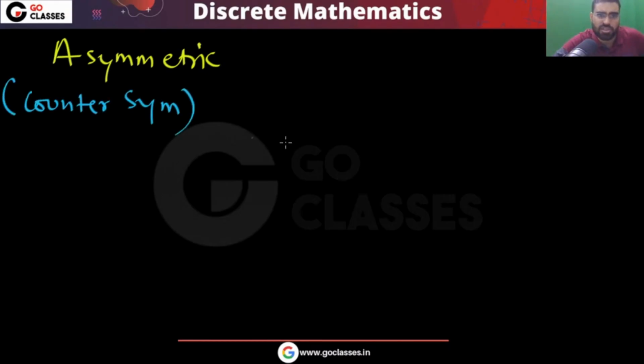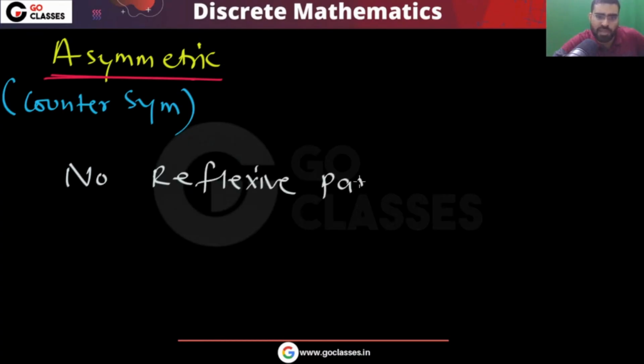Another name is countersymmetric. So when can you say this is asymmetric? And when can you say antisymmetric? Asymmetric simply means that there are no reflexive pairs.